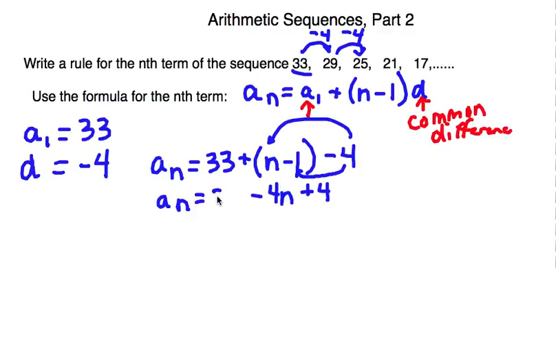So a sub n equals 33 minus 4n plus 4. If we combine like terms, we have 33 plus 4, which is going to equal 37 minus 4n. So that is our rule for finding the nth term.